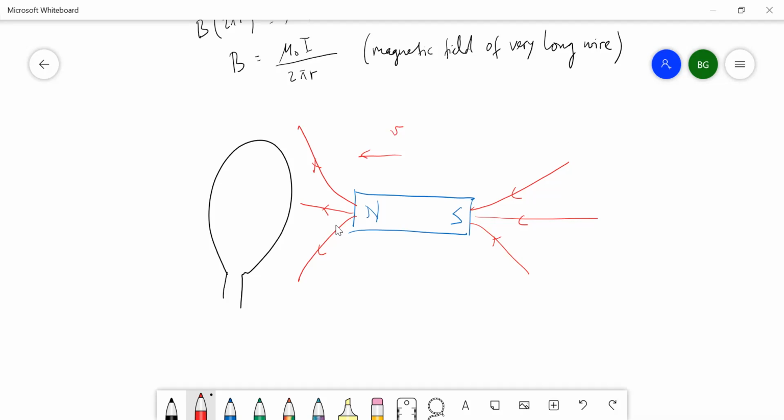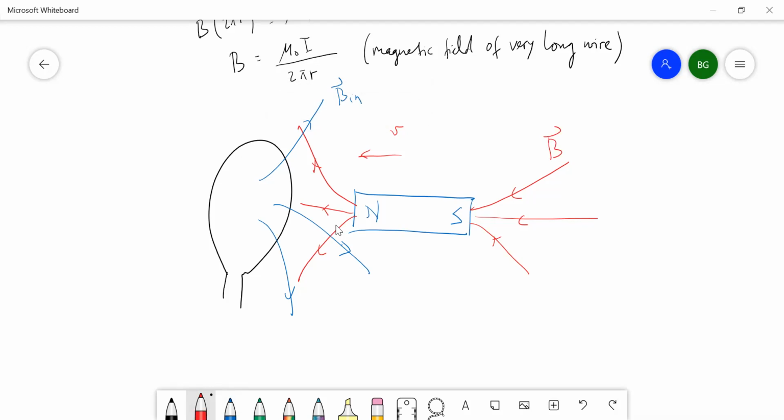What is against that is such that the induced magnetic field repels the magnetic rod. So the direction is like this. This is the induced magnetic field: the red one is the magnetic field, and the blue one is the induced magnetic field.